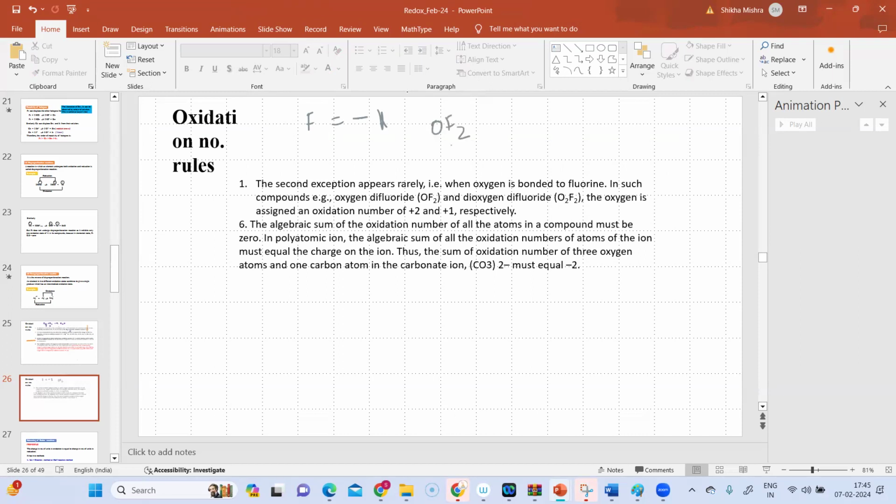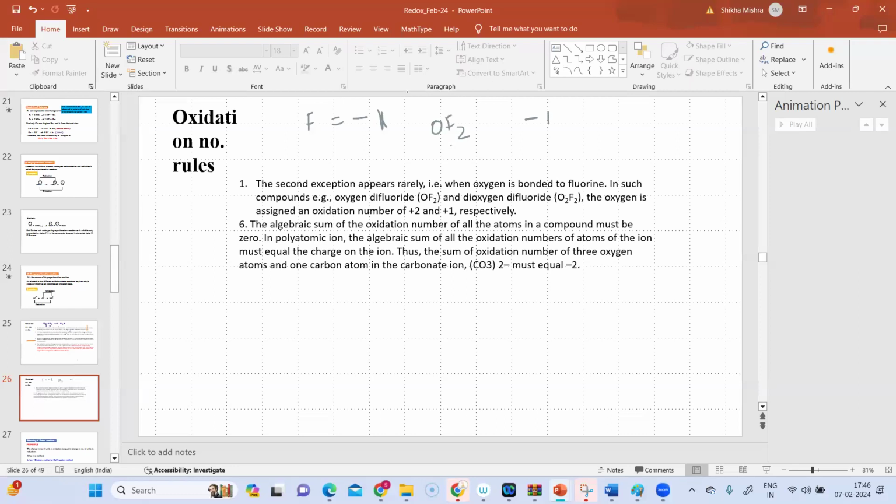Now, if you remember, go back to the periodic table, recall that we said the most electronegative element of the periodic table is fluorine, right? And therefore, it is always having a -1 oxidation state, except for compounds like OF2, O2F2, where the oxygen is bonded to fluorine, the oxidation state of oxygen is going to be positive, right?